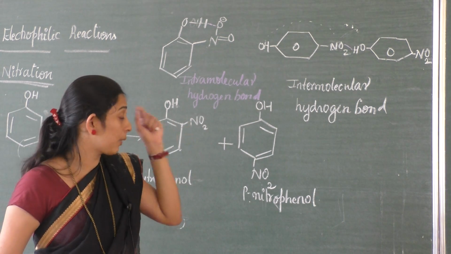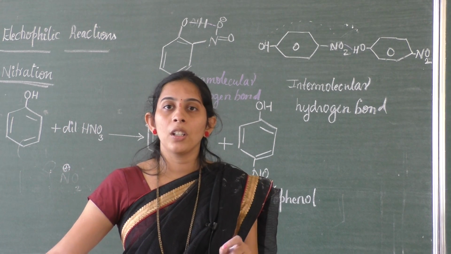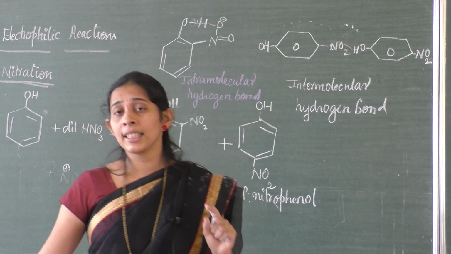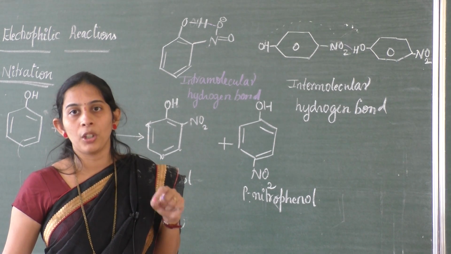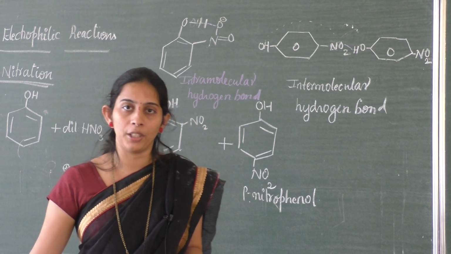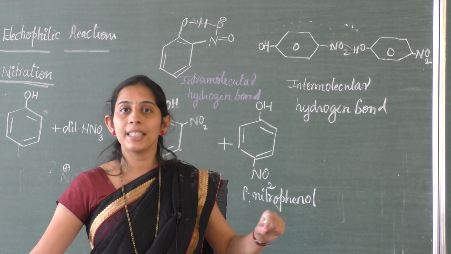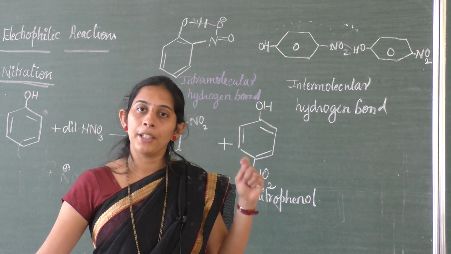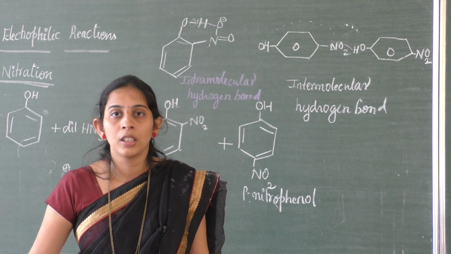So if they ask a question such as why orthonitrophenol is more volatile compared to paranitrophenol, the reason is that orthonitrophenol has intramolecular hydrogen bonding, whereas paranitrophenol has intermolecular hydrogen bonding. Because of the intramolecular hydrogen bond in orthonitrophenol, it is more volatile compared to paranitrophenol. So that's the answer for that question.